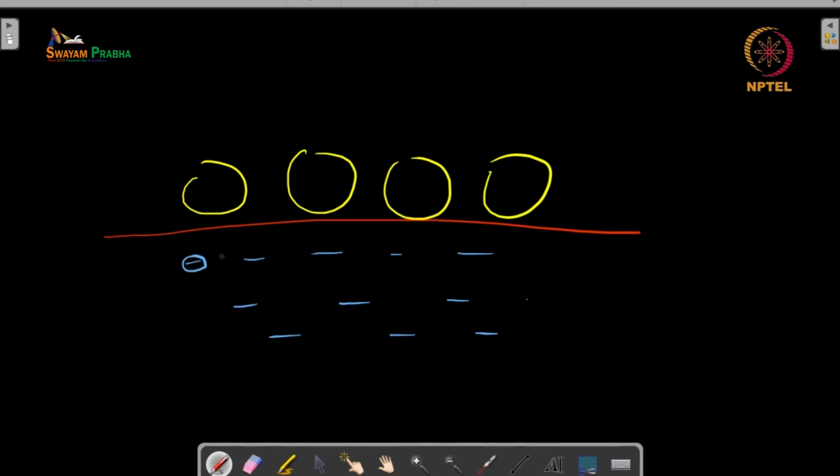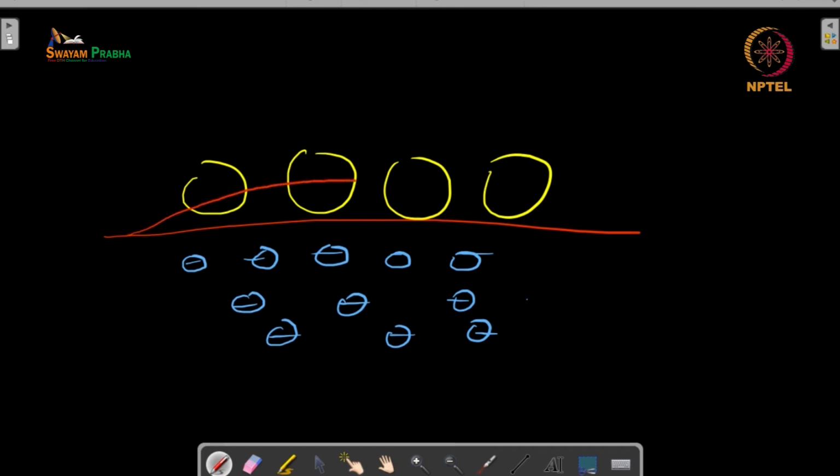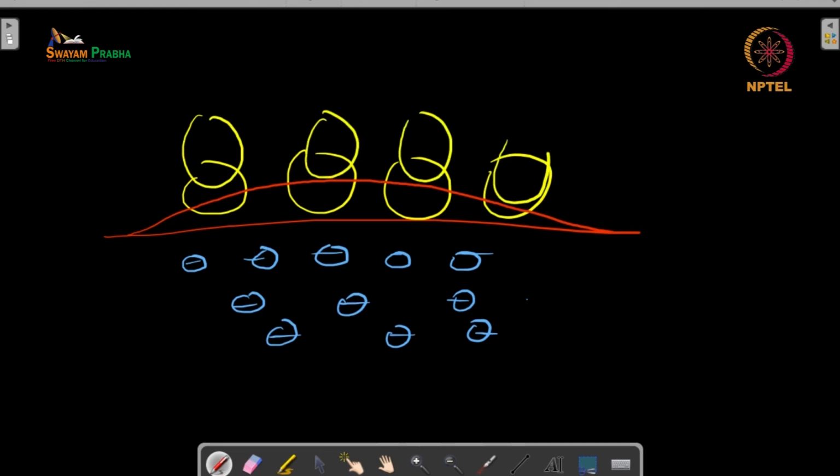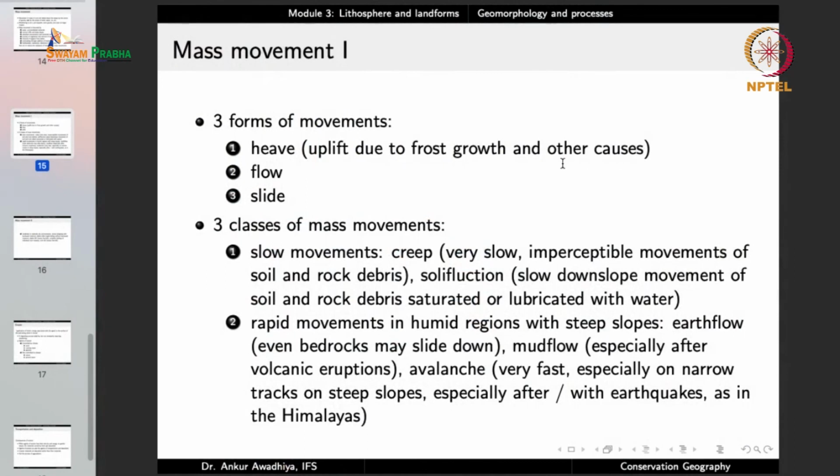So it turns into ice, and as we have seen before, ice has a greater volume as compared to water. So in this case, when the water is getting converted into ice, then the total volume increases and the land will move up like this. And with the land, all of these matters will also rise. So this uplifting due to frost growth and other causes is known as heave.